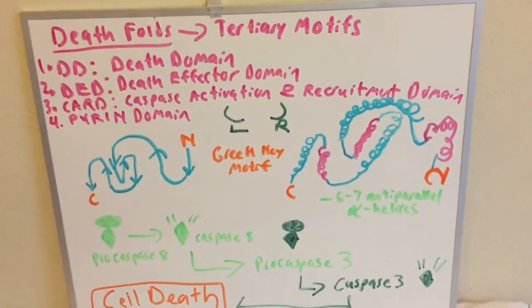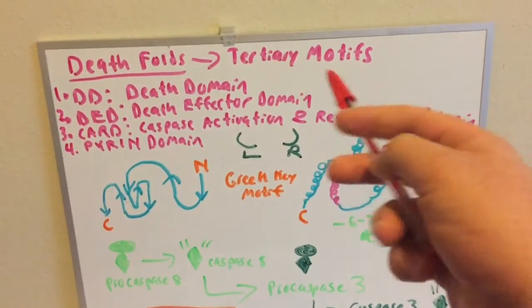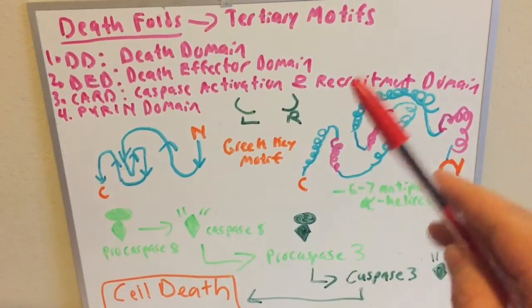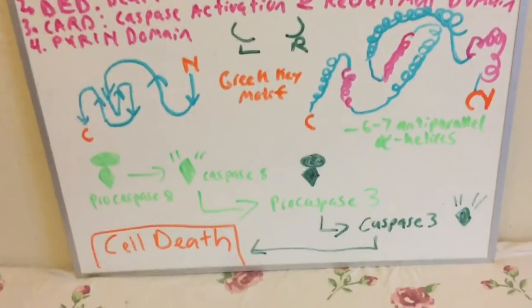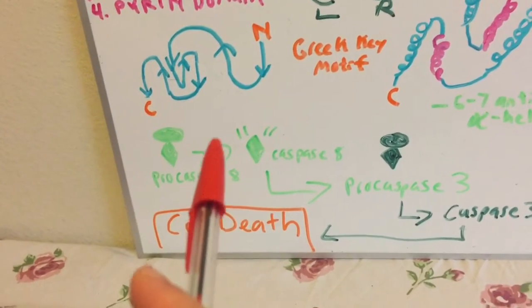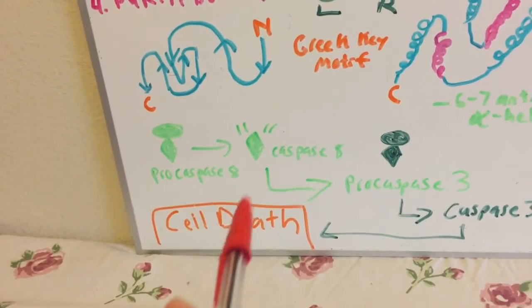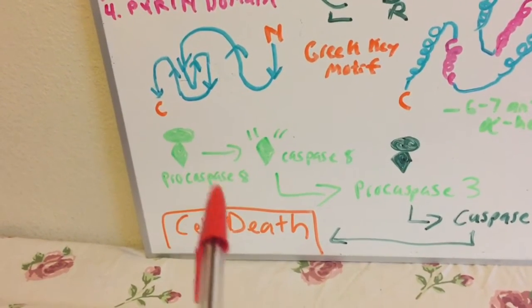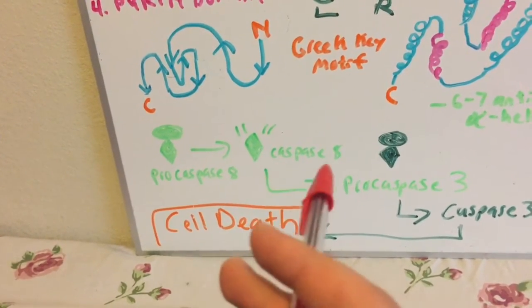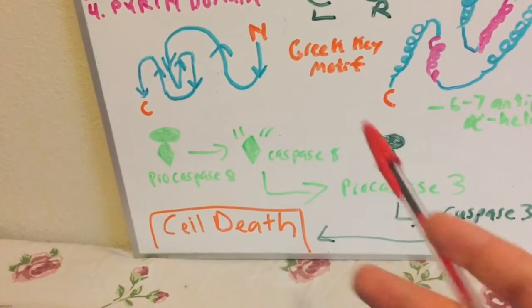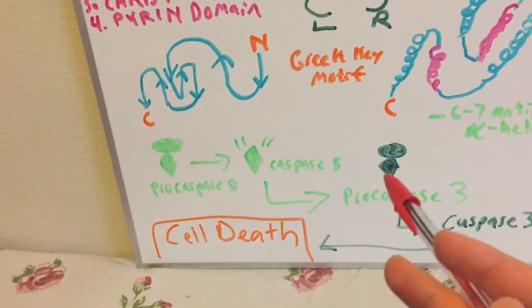Before we discuss more, this is just some stuff I thought was interesting. For the ending of the extrinsic apoptotic pathway, we have the recruitment of procaspase 8 in the death inducing signaling complex. It becomes activated as caspase 8 through proteolytic cleavage of the procaspase.